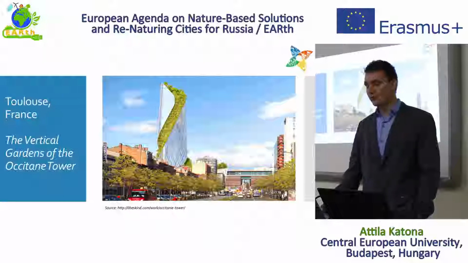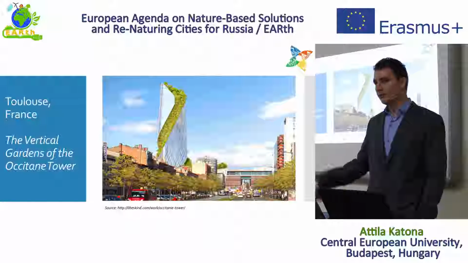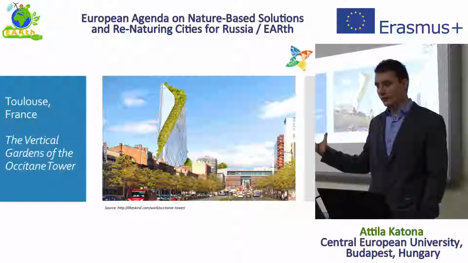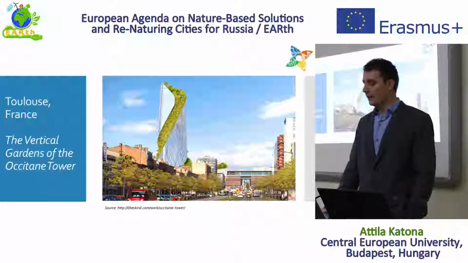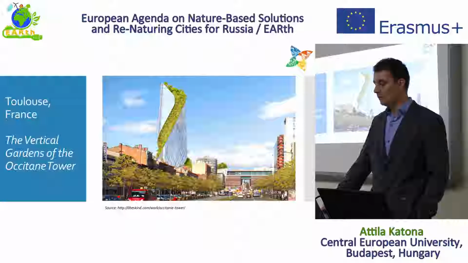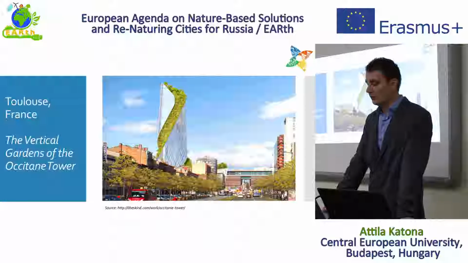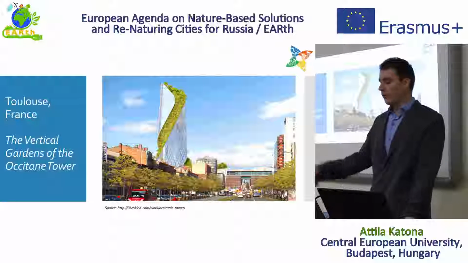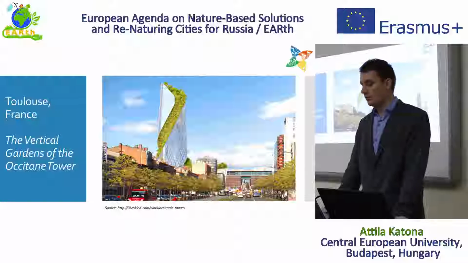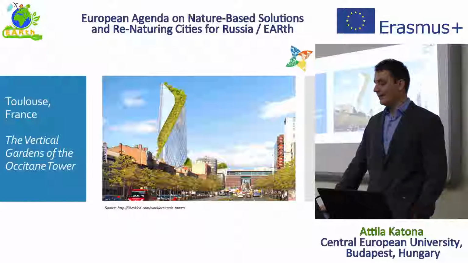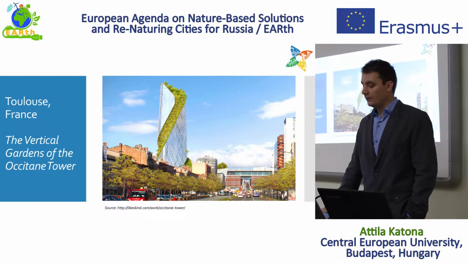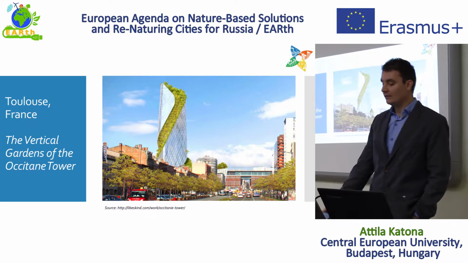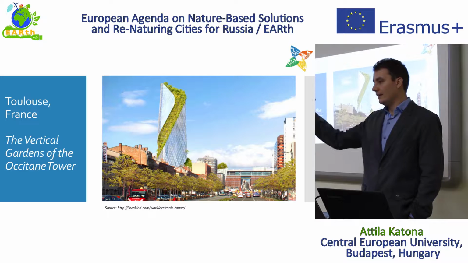More future-oriented ideas. Some of these were also collected in the database. So, for example, in Toulouse, in France, they would like to build this 40-story mixed-use skyscraper in the business district of Toulouse, with offices and hotels and restaurants and everything included, and it's going to be covered by this spiral of trees curling around this glass facade.